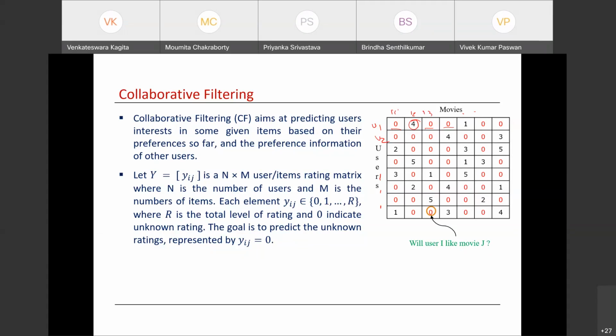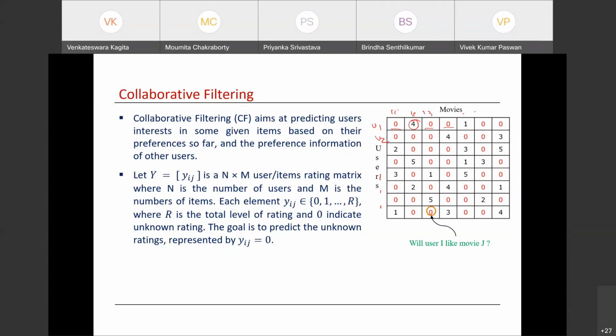Whether he would give a rating of 3 or 4, 2 or 1. If the prediction is high, it means he will probably like the item. So you may be interested in that item, and we make the recommendation from the highest to lowest rating according to the prediction.